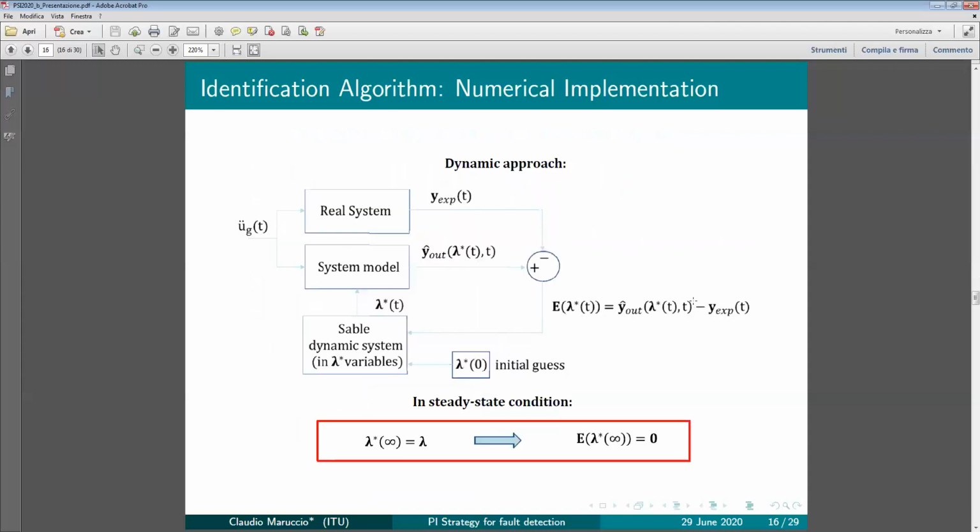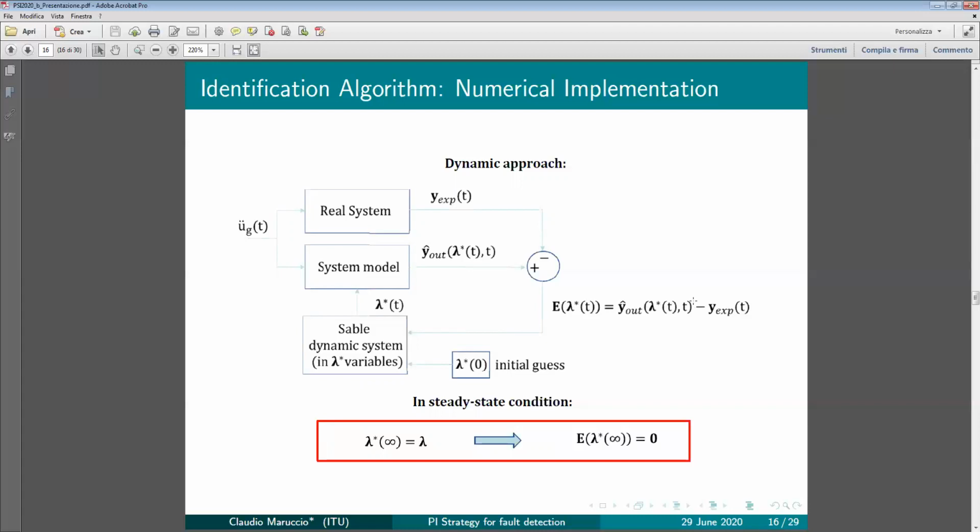So the aim is to reduce this difference between the expected output of the system response and the experimental results. What will happen is that a steady state condition is achieved based on the satisfaction of the Lyapunov theorem's conditions, such that the asymptotic values of lambda will provide the unknown set of parameters.